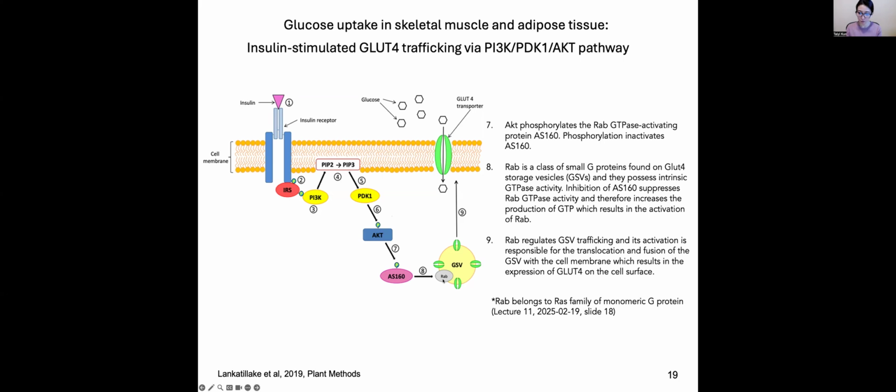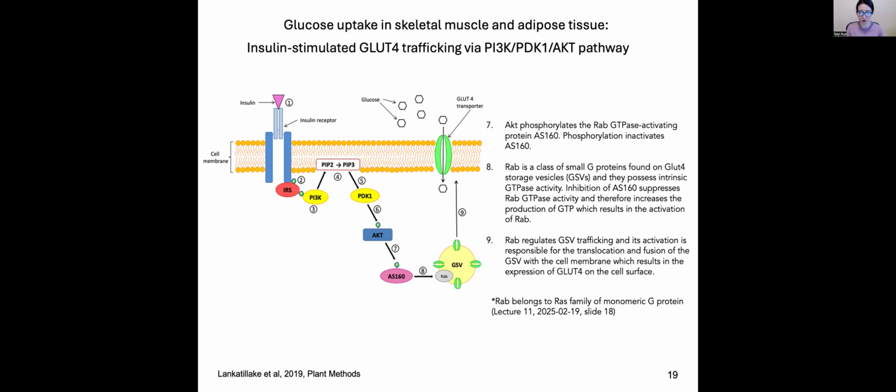So Rab, it sounds familiar, right? Because we've learned about its family protein, which is the RAS. So Rab belongs to the RAS family of monomeric G protein that we learned about in lecture 11, slide 18.